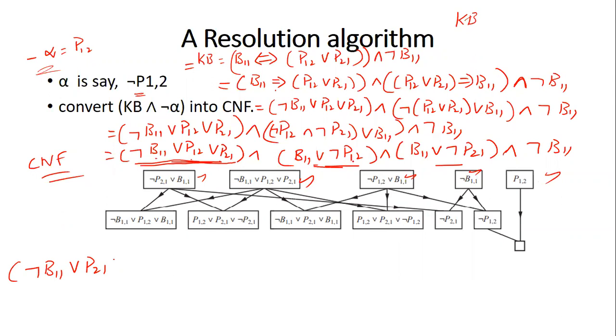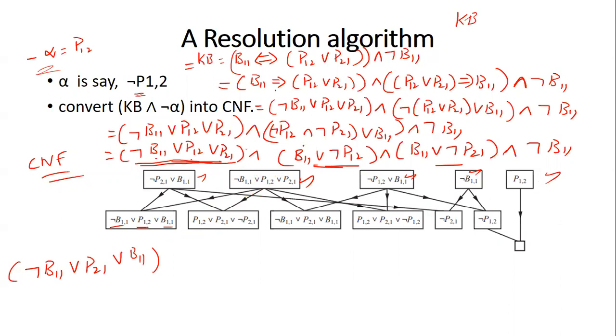So this not P12 will be cancelled. Or B11. Okay, so this is what you will be getting. So that is what this one, not B11, P12 or B11, right?